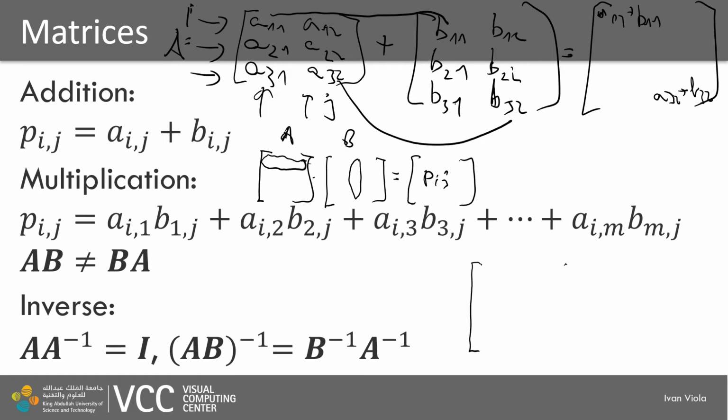An identity matrix is a matrix which just contains elements of 1 on the diagonal and everywhere else it contains zeros. And also, the inverse of a product of two matrices is equal to the product of the inverses of those individual matrices, but in a reverse order.